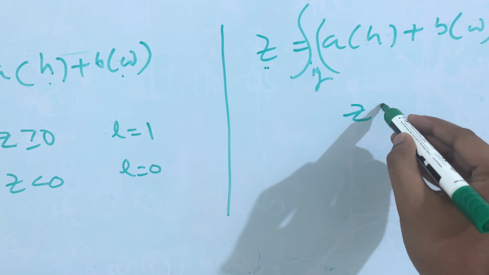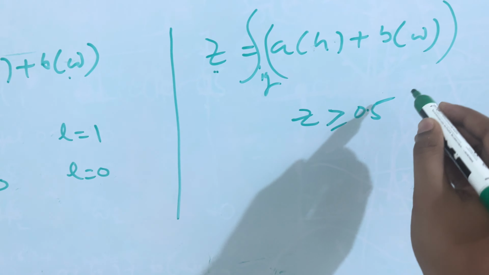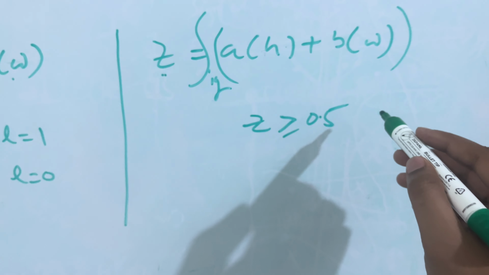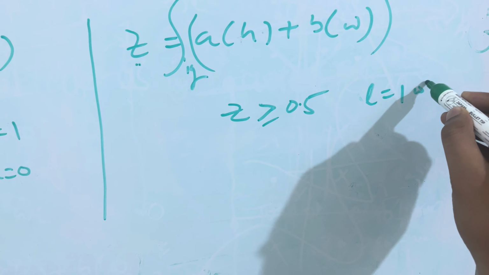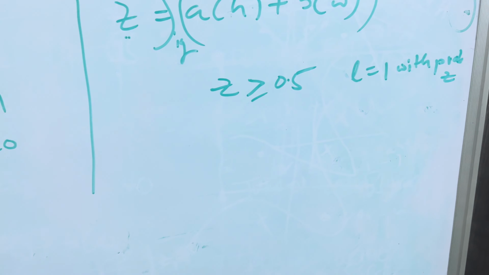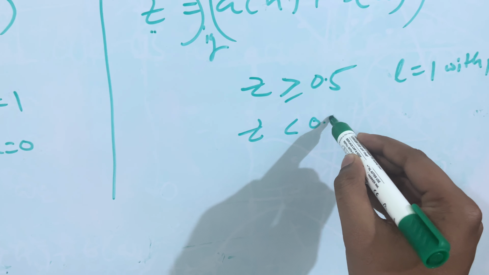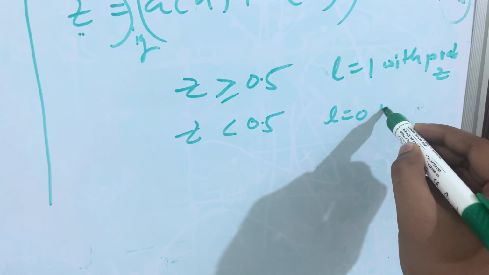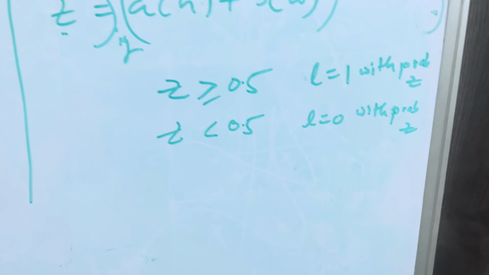For Z greater than or equal to 0.5, label is equal to 1 with probability Z, and for Z less than 0.5, label is equal to 0 with probability Z.